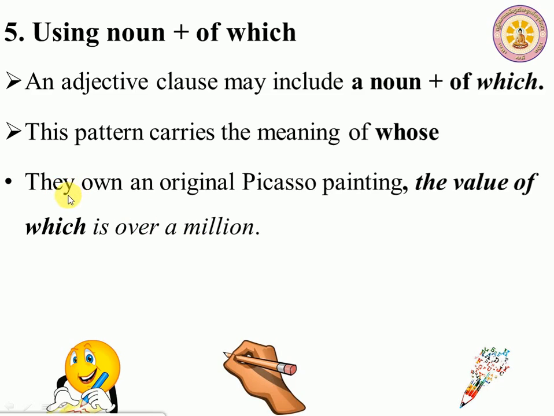We can also say they own an original Picasso painting whose value is over a million. Whose value means the value of which. The value of which here means whose. The value of which means the value of the painting.